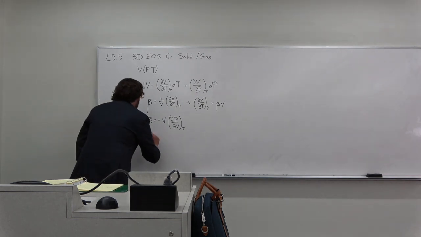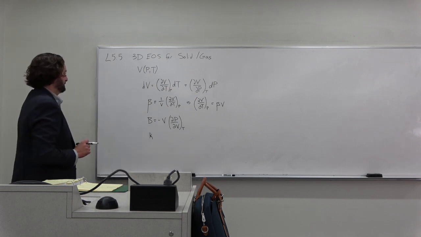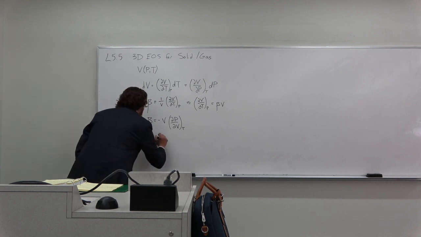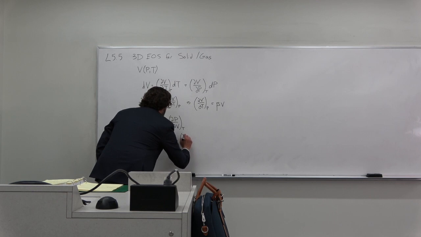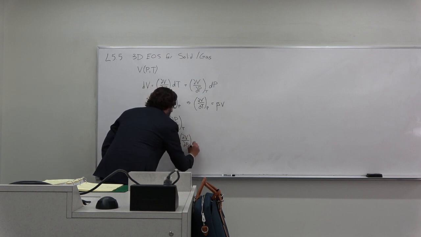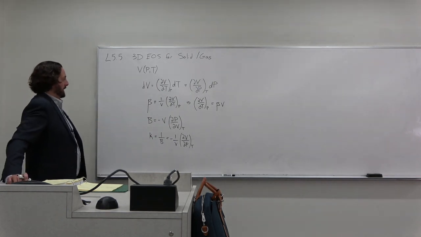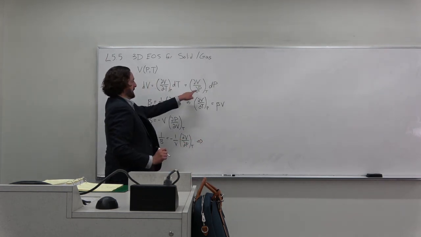And our kappa, this was thermal expansion, this was our compressibility. So kappa is our compressibility, was 1 over B. So that was minus 1 over V, partial V, partial P, constant T. Okay, so now we're going to rewrite this one to look like that.